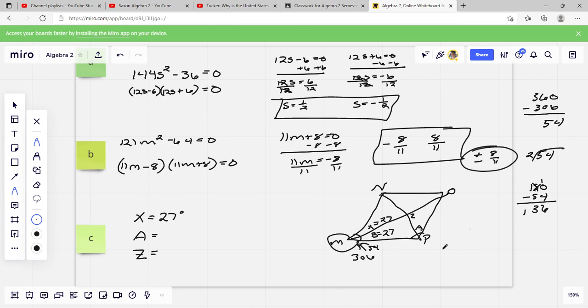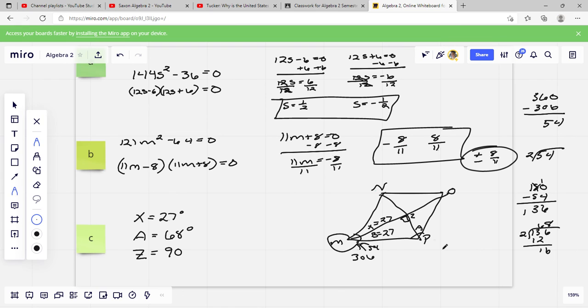And then if I cut that in half, that'll give me A. So 136 divided by 2 would be 68 for A. And then Z is easy. All of these in the center are going to be square corners, so that would be 90.